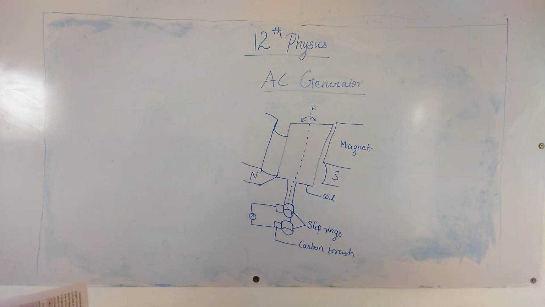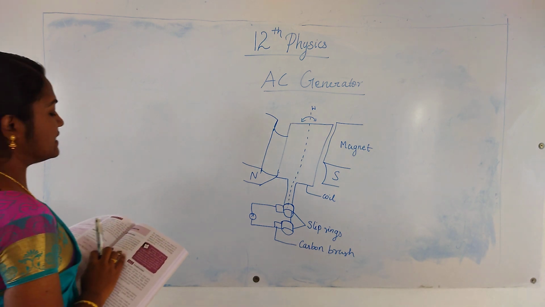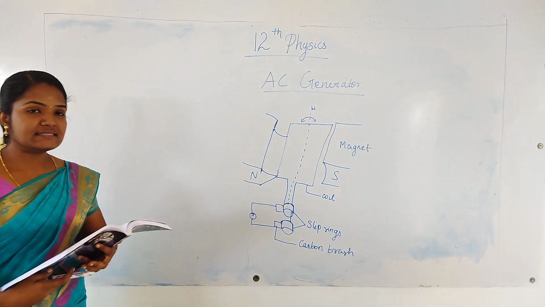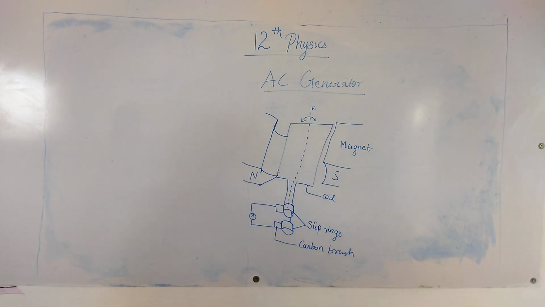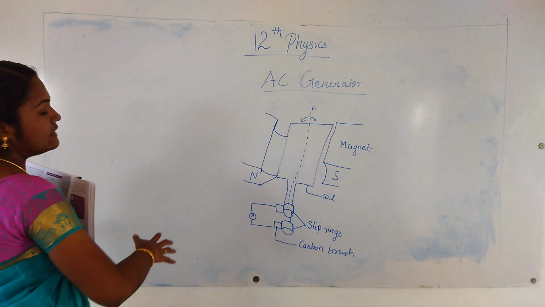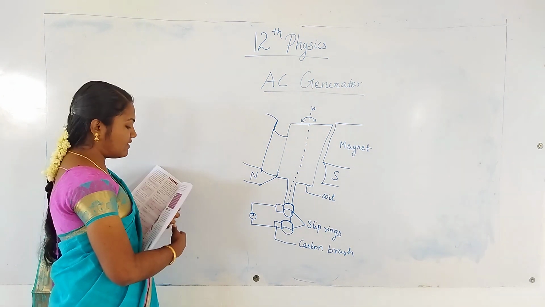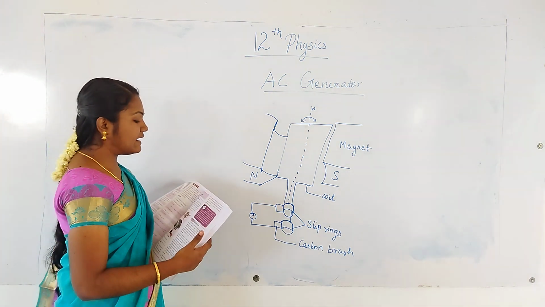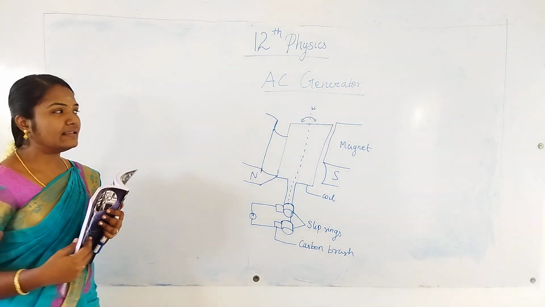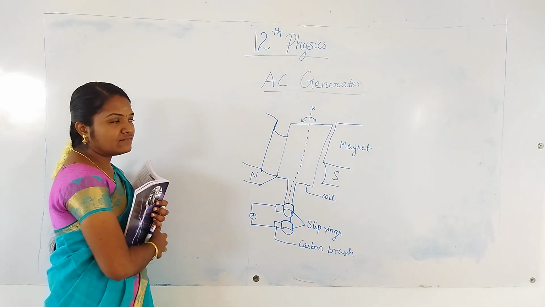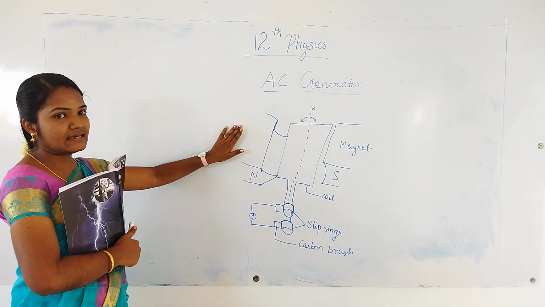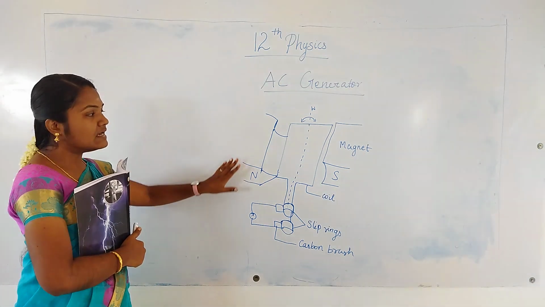Today we discuss the AC generator. An AC generator or alternator is an energy conversion device. It converts mechanical energy into electrical energy by using magnets.